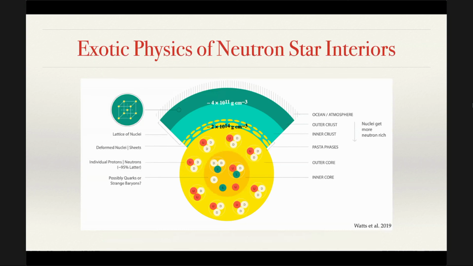It's just impossible. You can see here, this is a cartoon of a neutron star. It's not to scale. The crust areas are, of course, much smaller than the innermost regions. But you can see there's an outer layer, or an atmosphere, we believe.